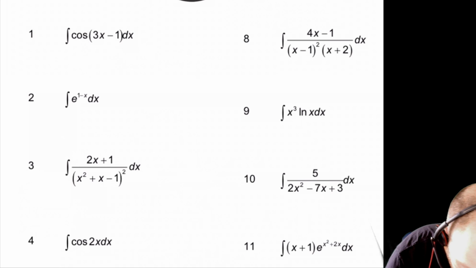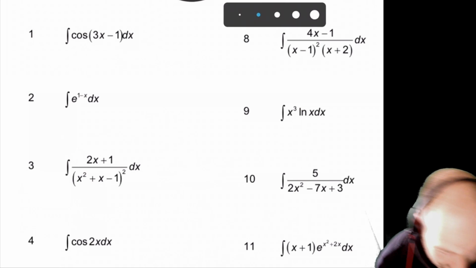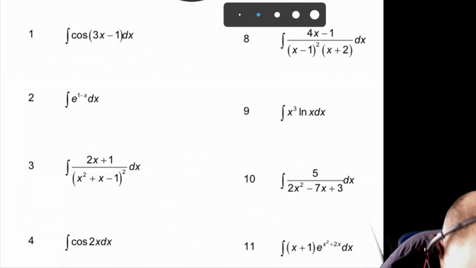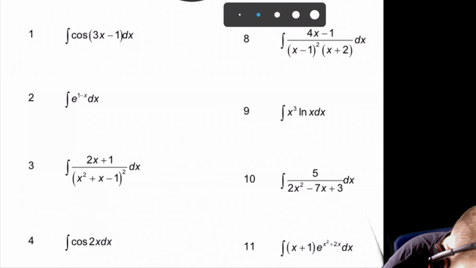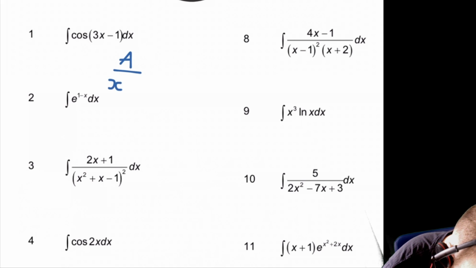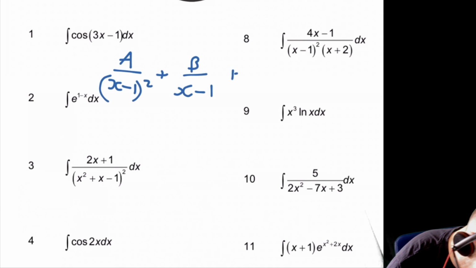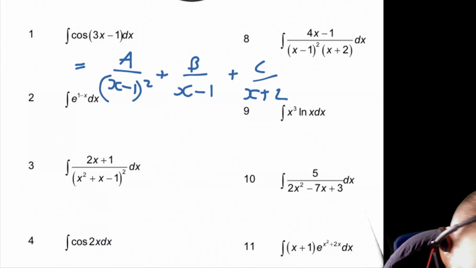Next one is partial fractions. Good. So we're going to get a over x minus 1 squared plus b over x minus 1 plus c over x plus 2 is whatever.